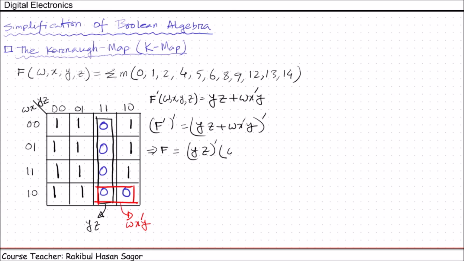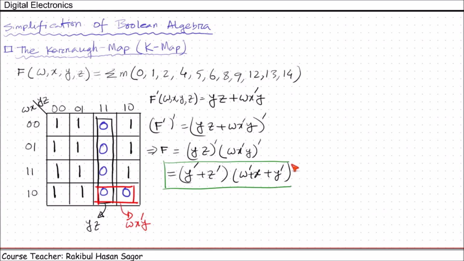Again, if we apply De Morgan's theorem, we'll get (y prime plus z prime) times (w prime plus x plus y prime).